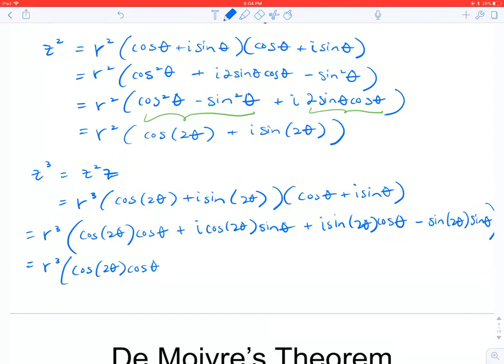And if we do a little rearranging again, we'll have cosine 2 theta cosine theta minus sine 2 theta times sine theta. And if I factor an i out, that'll be cosine 2 theta sine theta plus sine 2 theta cosine theta.